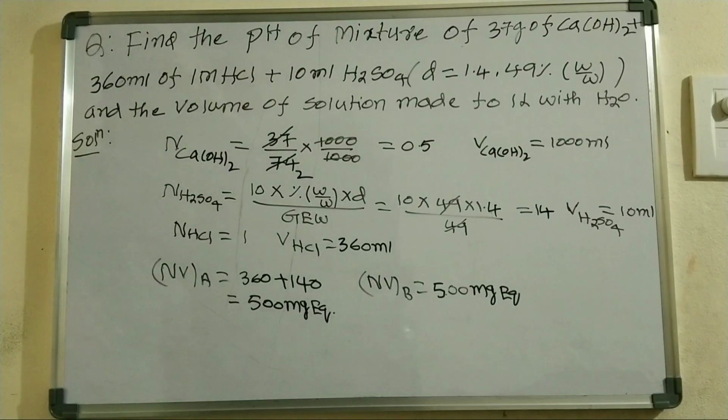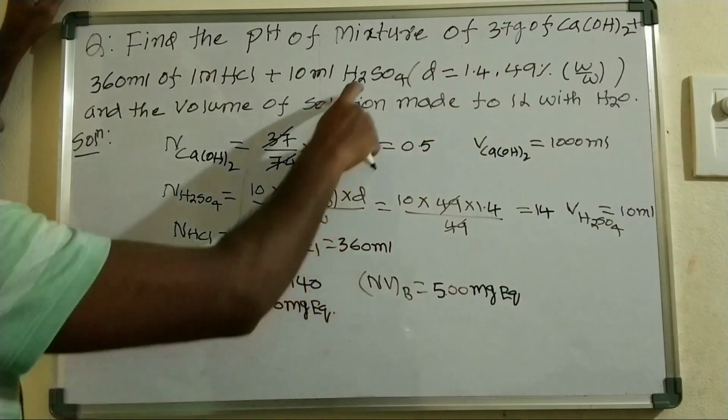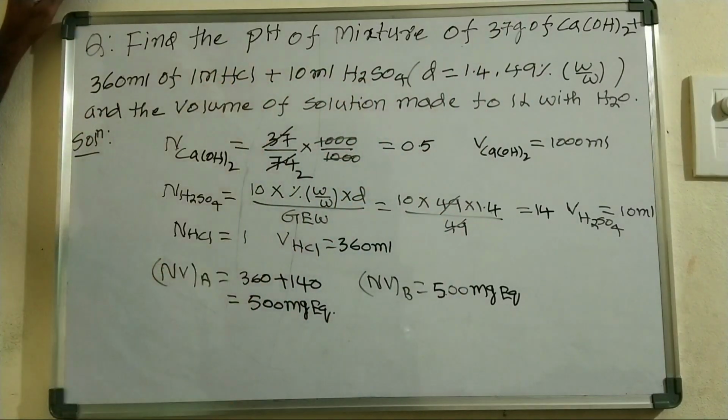In this problem also, first there is a base, and then two acids are given, H2SO4 and HCl, and you can find the NV product of acid and the NV product of base. Based on that we will find the pH, right?